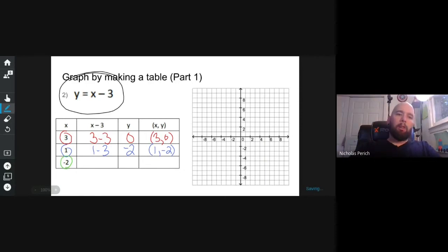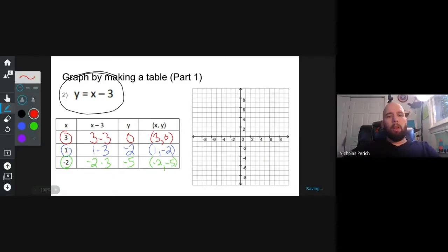X is negative 2 now. I'm going to replace x with negative 2 minus 3. Negative 2 minus 3 is negative 5. So when x was negative 2, y became negative 5. So negative 2, negative 5.